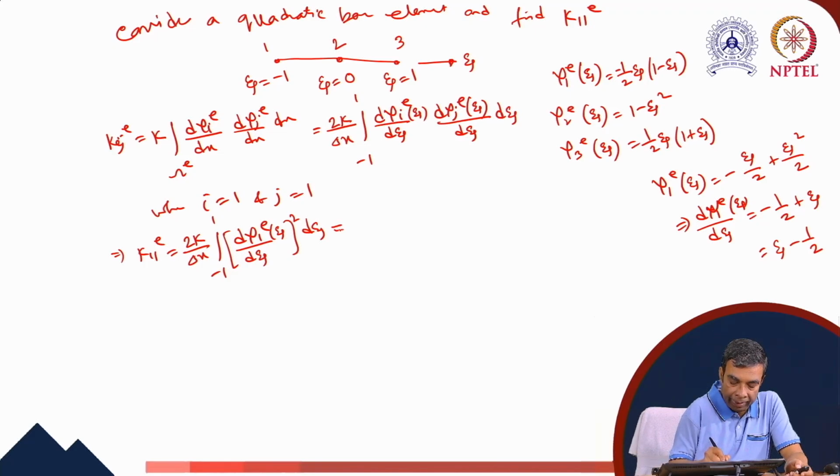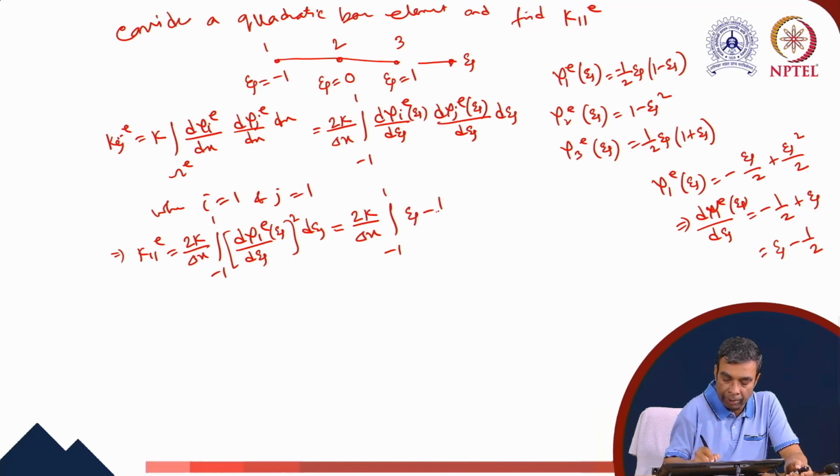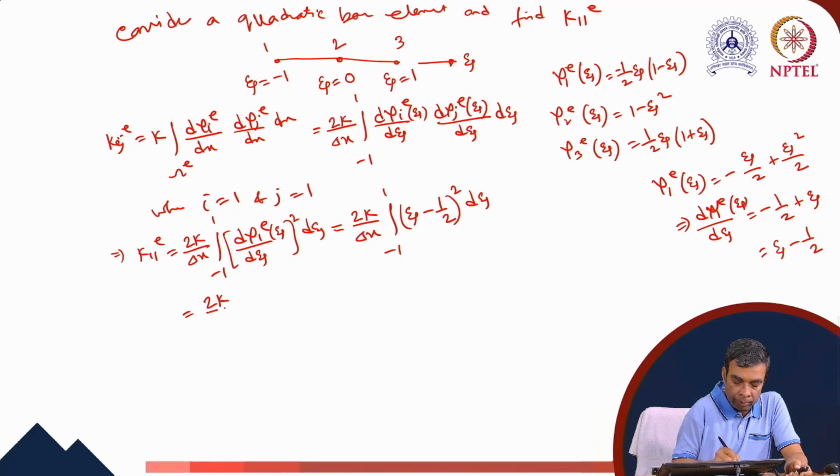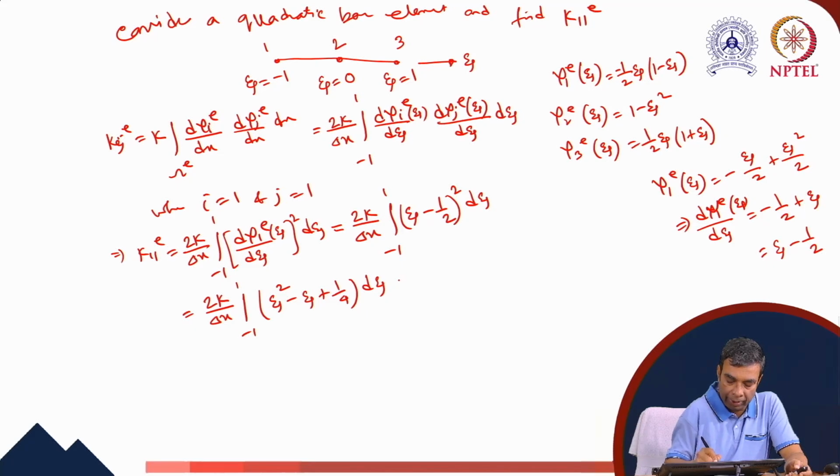This can be written as 2k by delta x integration from minus 1 to 1 of (xi minus half) whole square d xi, equals 2k by delta x integration from minus 1 to 1 of xi square minus xi plus 1/4 d xi.